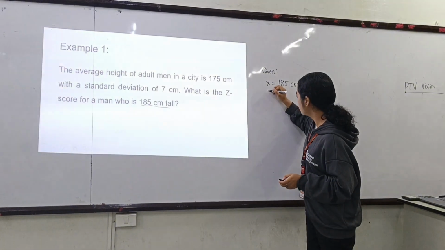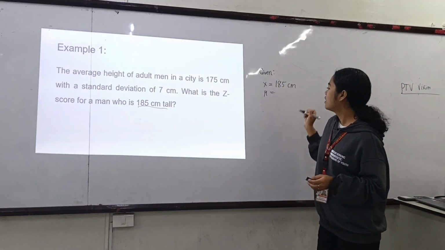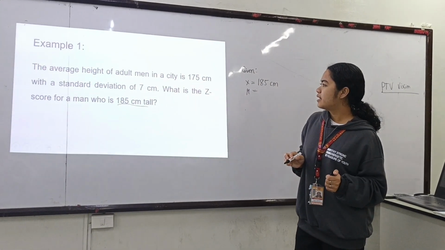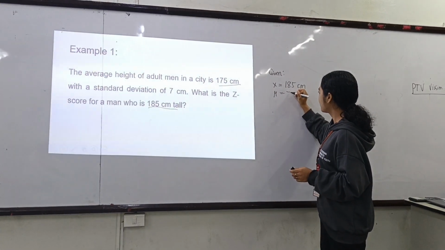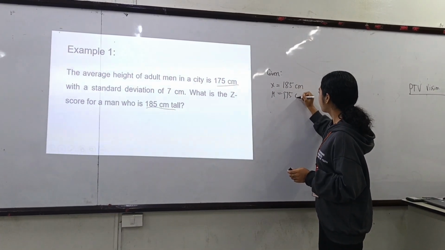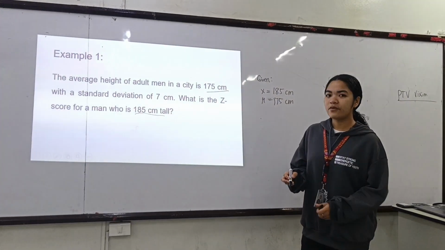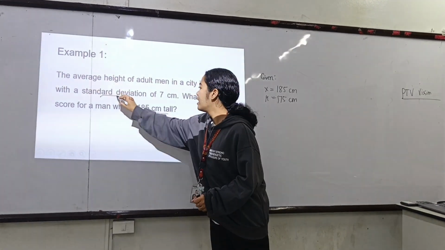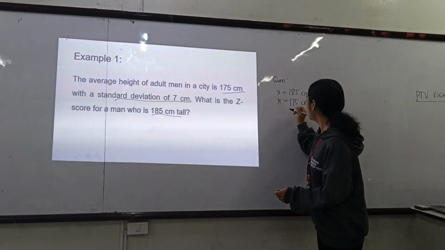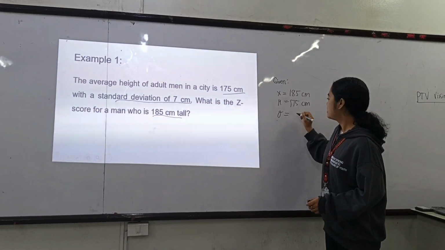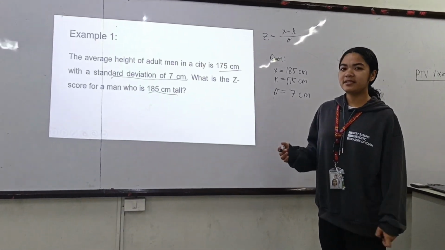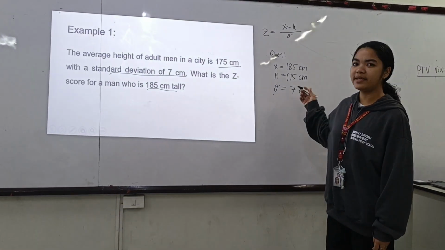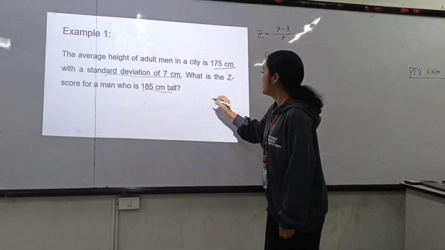For our mean, it is 175 cm. And for our standard deviation, it is 7 cm. So next, we need to substitute the given values to the formula.